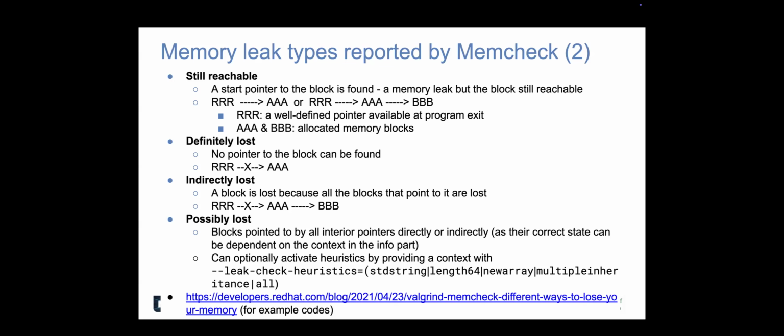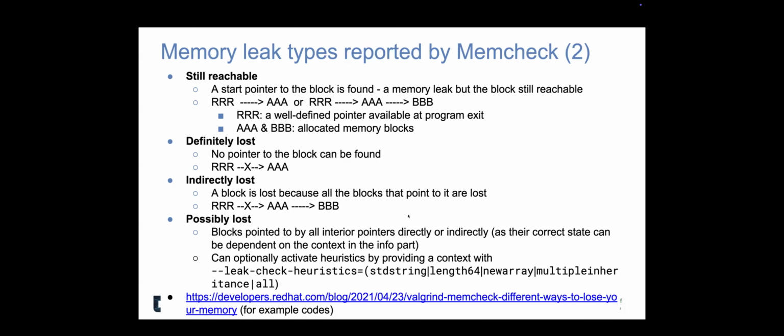So the first one is still reachable. That means that you can always reach the memory block starting from the pointers available at the program exit, because it reports whether the memory blocks are leaked or not after the program exit, right?